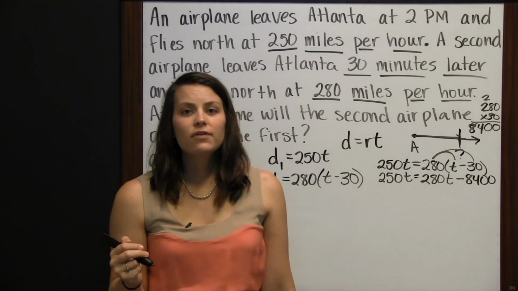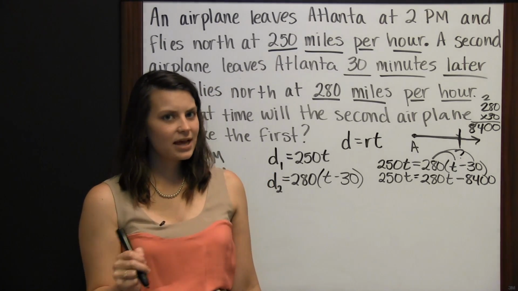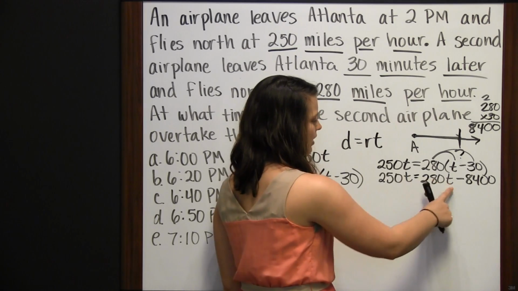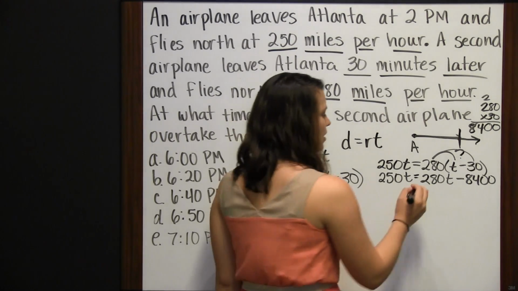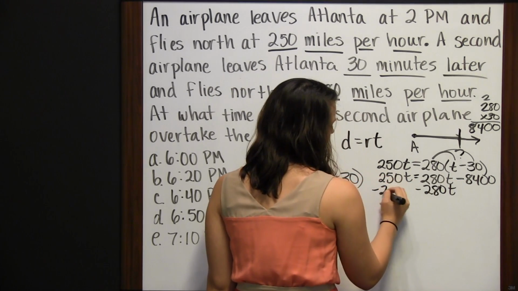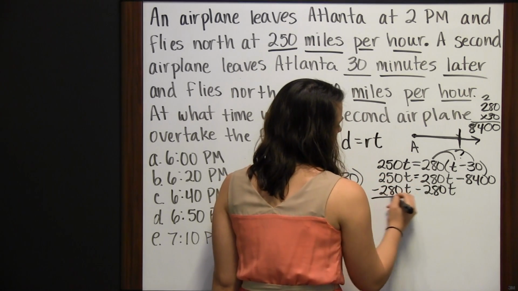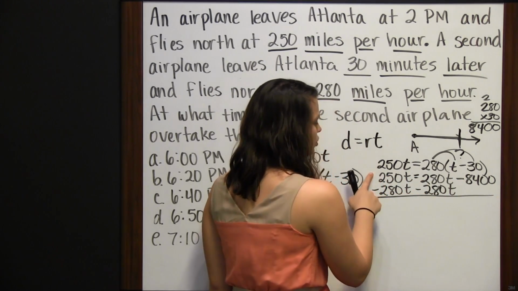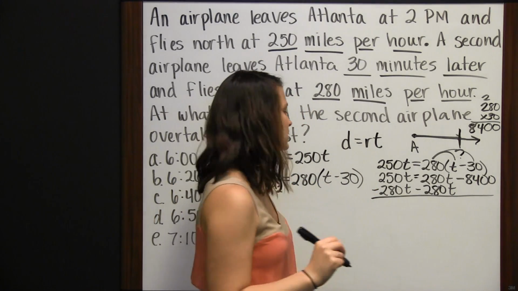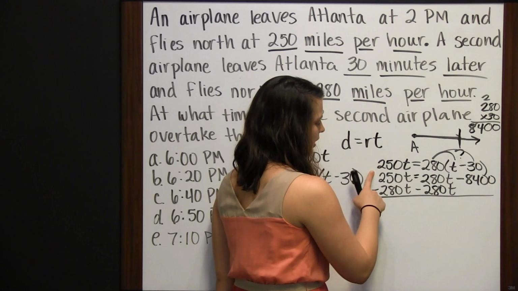Now we need to get all of our variables on the same side of the equation. We don't want to have t on the left side and t on the right side. So I'm going to subtract 280t from both sides. 250t minus 280t, I'm taking away more than I have.